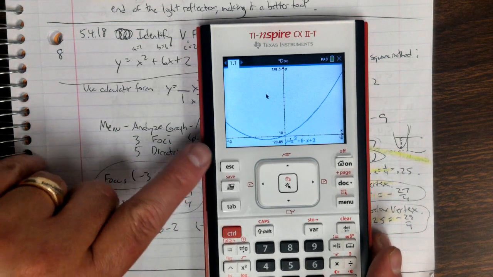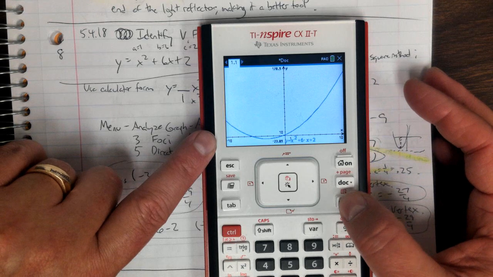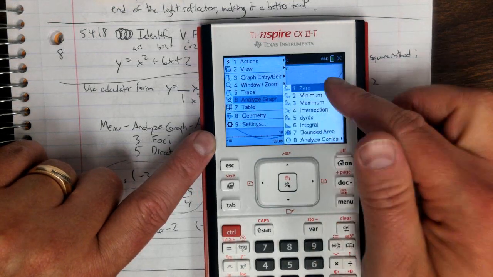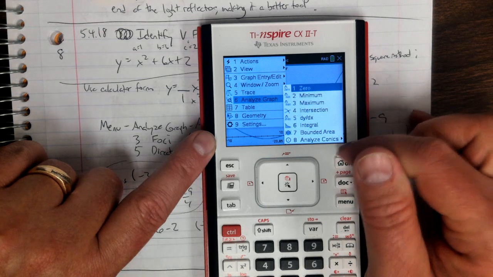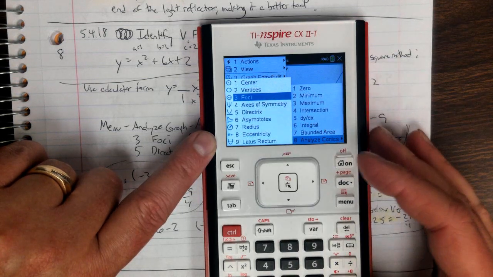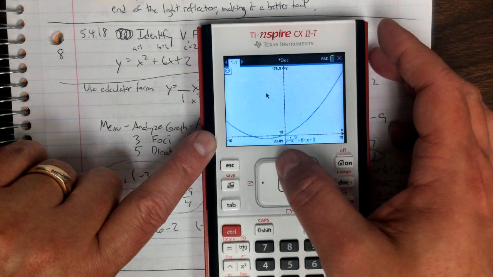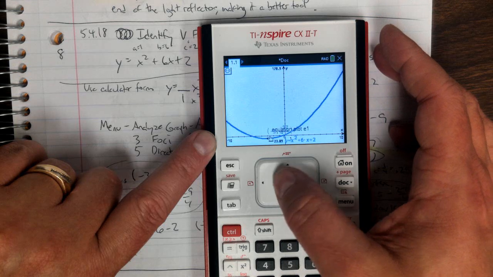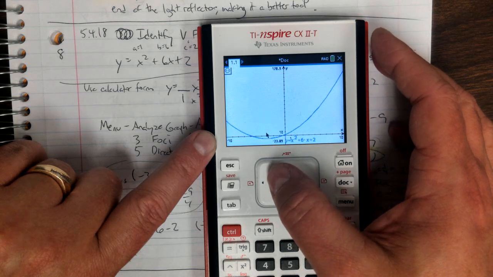Okay, so now to analyze it, we go to analyze graph, which was 6, and we do analyze conics, which is 8. And that's where I want to choose foci. So all I do is move my mouse pointer until something shows up. And there it is.